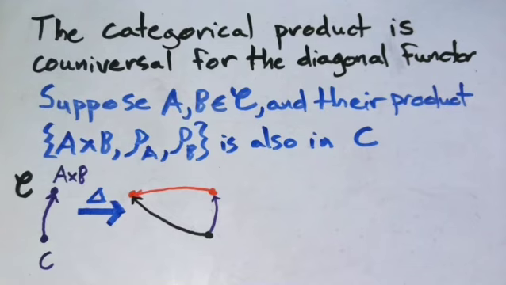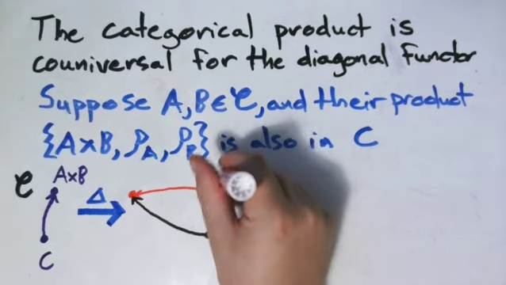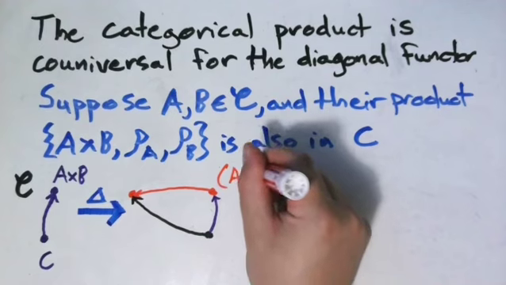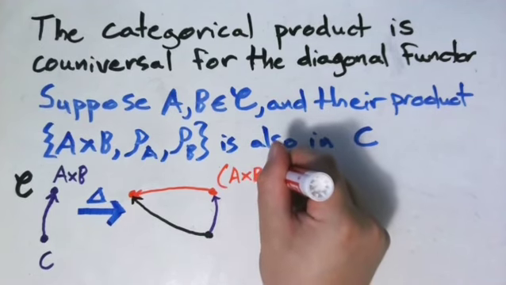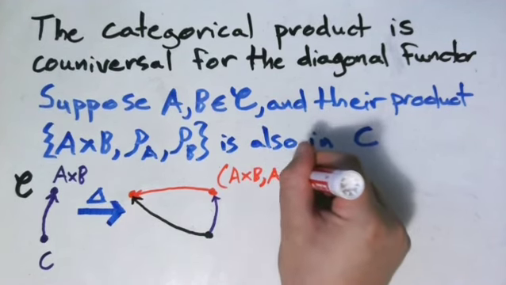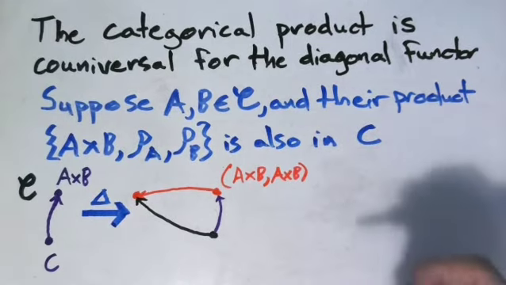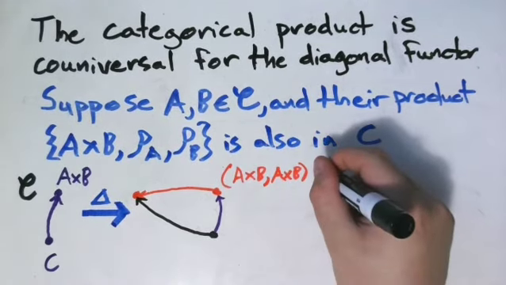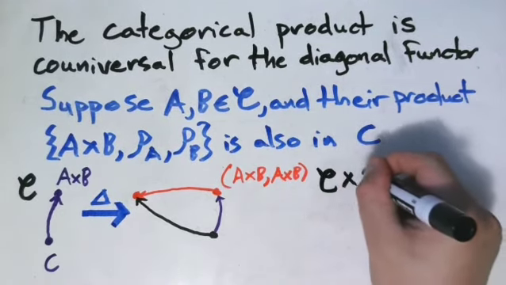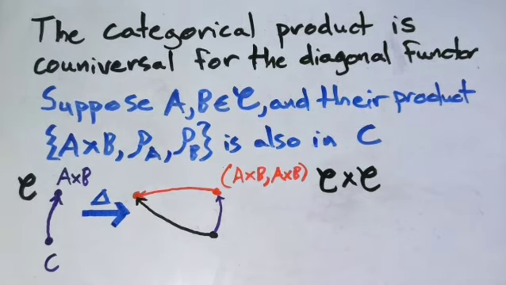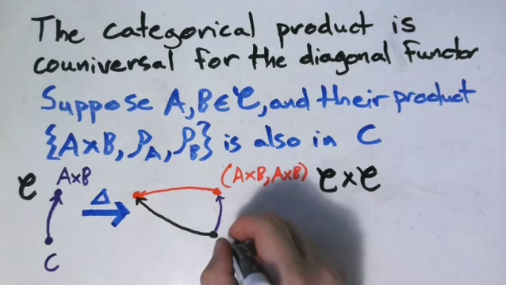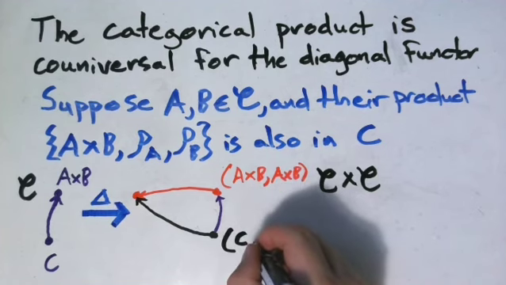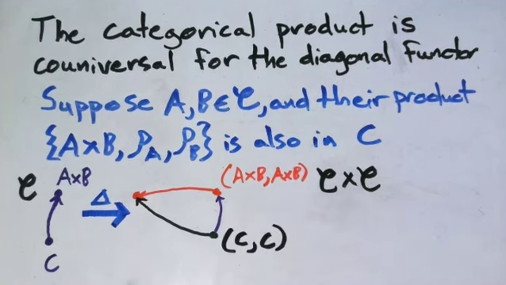Well, that gives us A cross B on the left and on the right, where the right-hand side is the product category of C with itself, C cross C. And so we can label this as C, C, the image of C under delta.